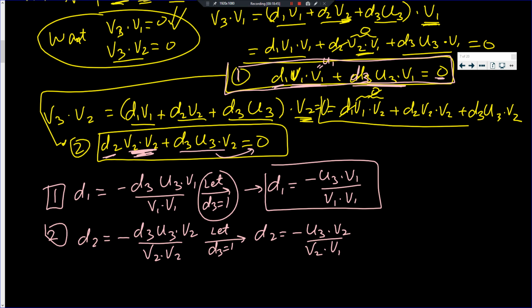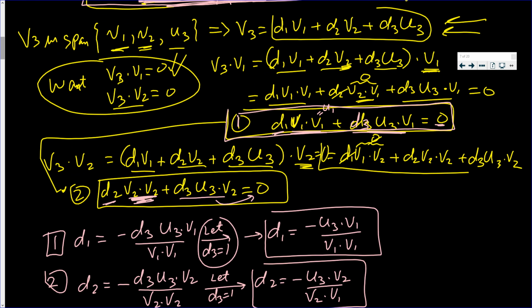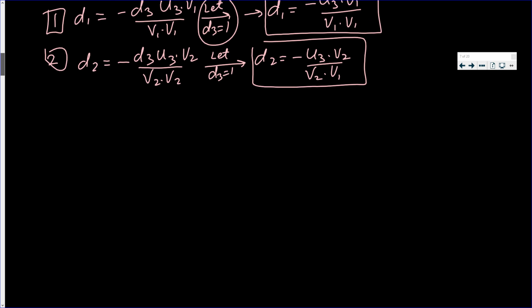So we have D sub 2. And somewhere we have a very friendly vector. We have that V3 is equal to this. Okay.